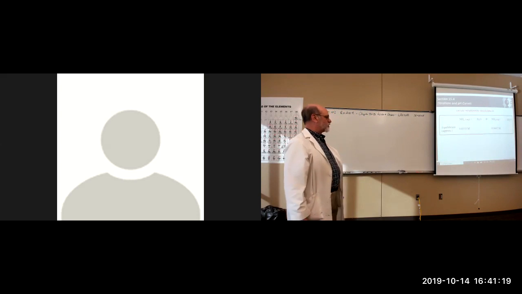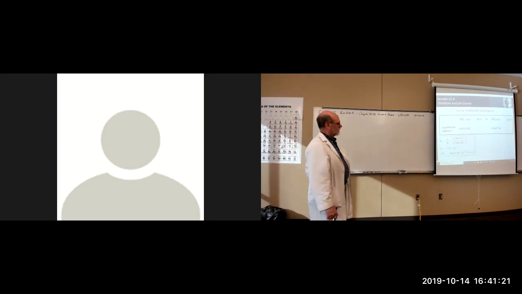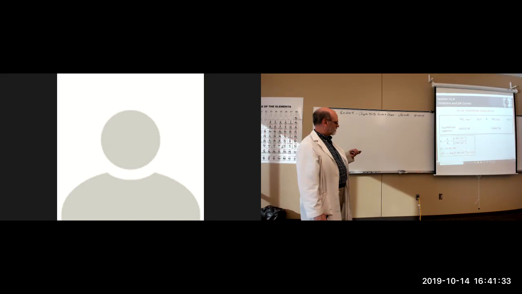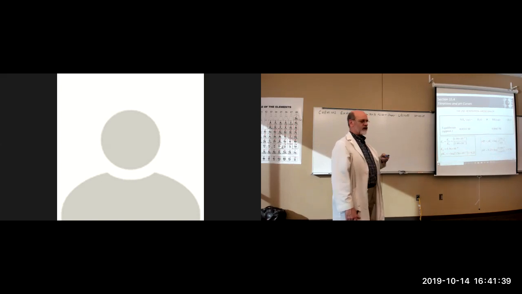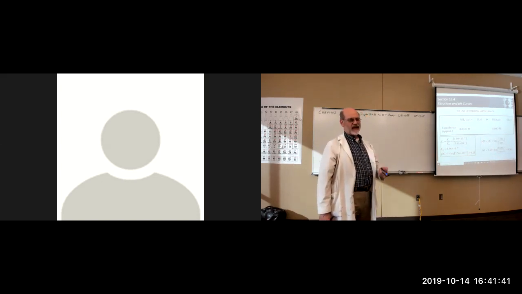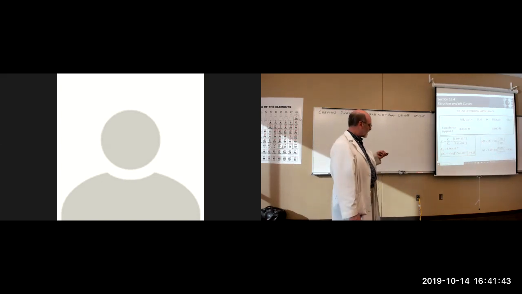So what would happen if we used Henderson-Hasselbalch? Well, let's see. In order to do that, we need a Ka, don't we? So there's our Ka, there's our pKa. Henderson-Hasselbalch only works with pKa, so we need to know Ka.